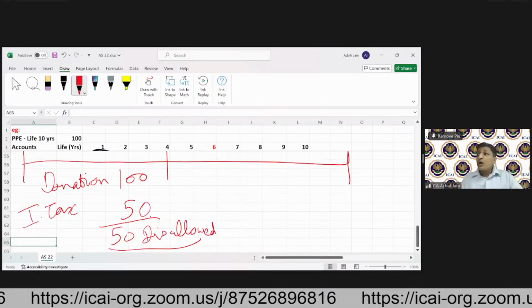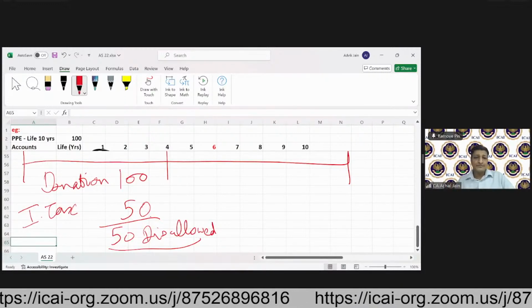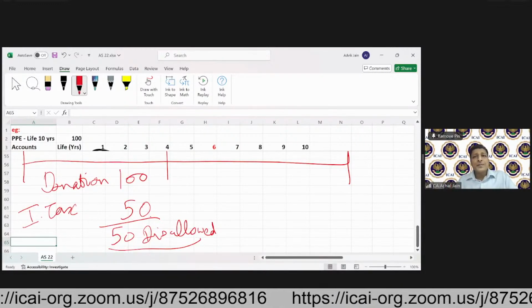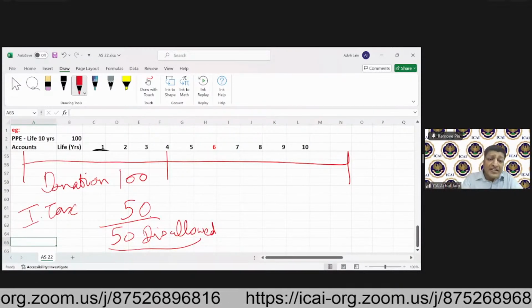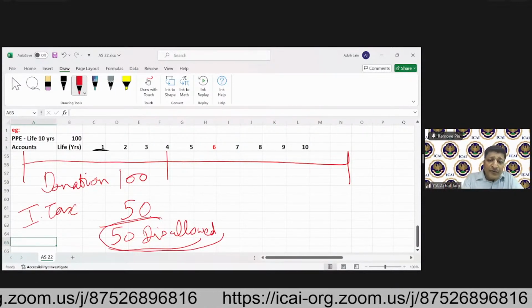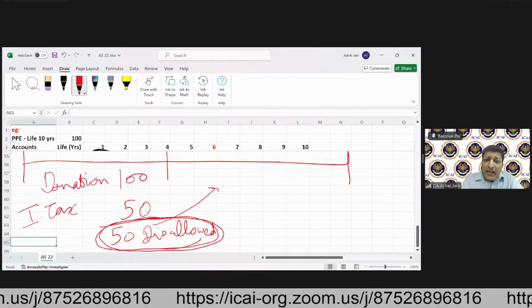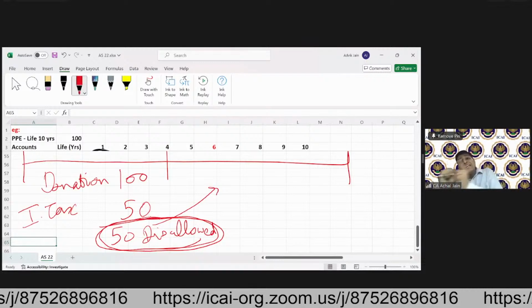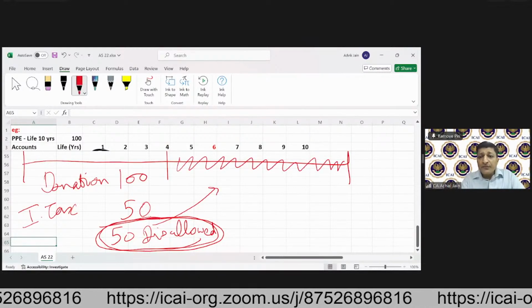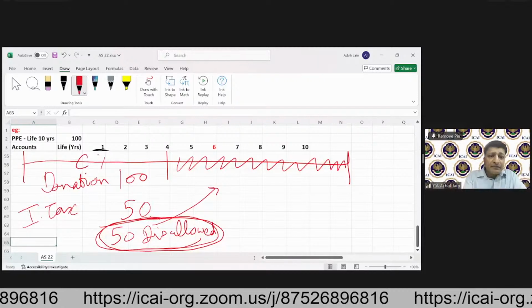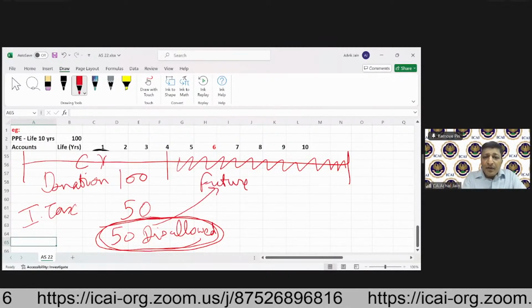On this 50 disallowed, the company will be paying tax. Now the question arises: will this be allowed at any point in the future years?